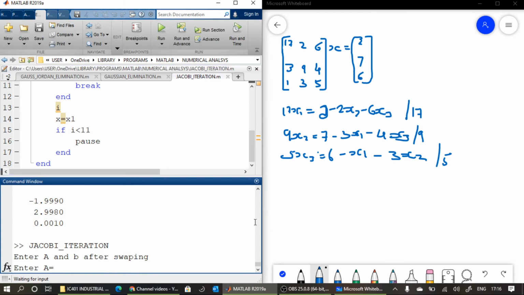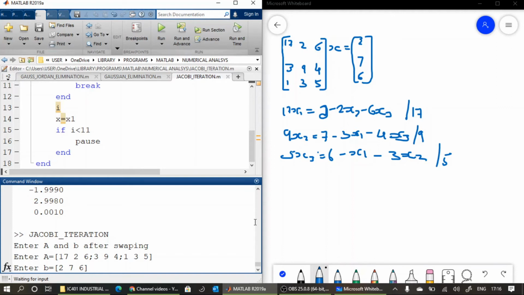So here there is no need to swap. The matrix is 7, 2, 6, then 3, 9, 4, then 1, 3, 5. Okay, the second one is 2, 7, 6.